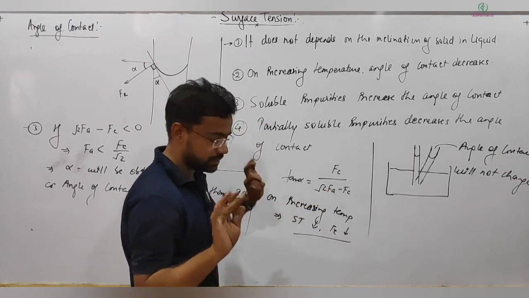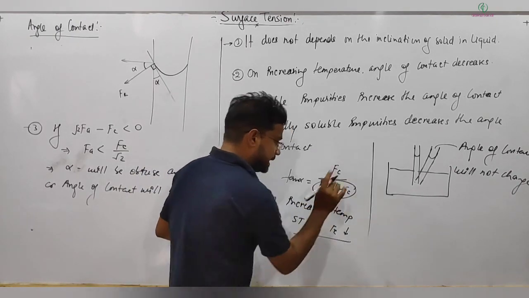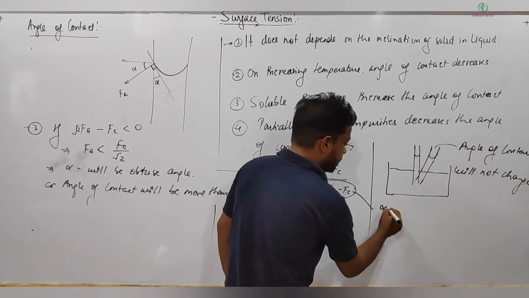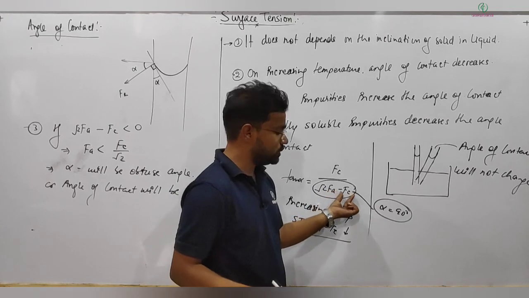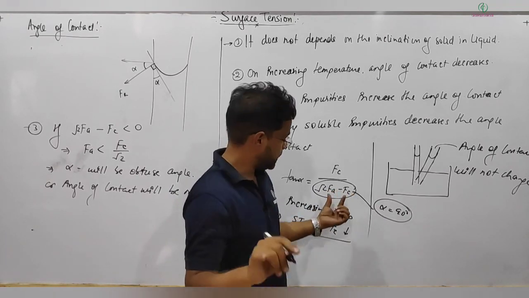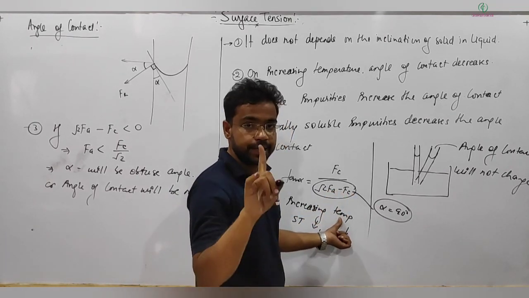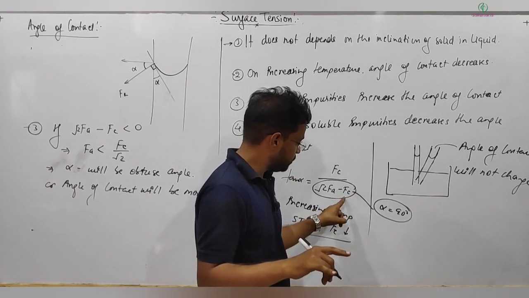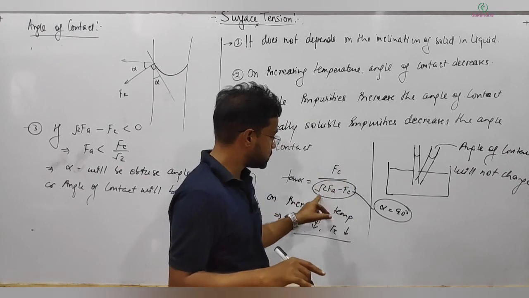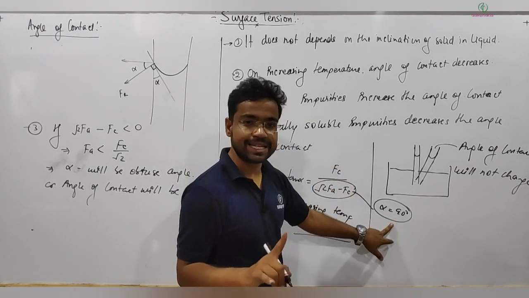Just wait, let's say initially alpha is 90 degree. What does it mean? This quantity is equal to this. Now I just increase temperature. Increasing temperature means this quantity reduces, which means overall this quantity will be less than 90 degree.